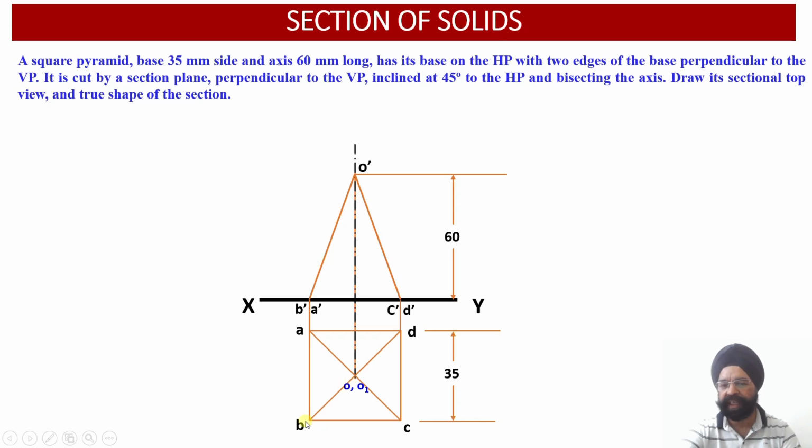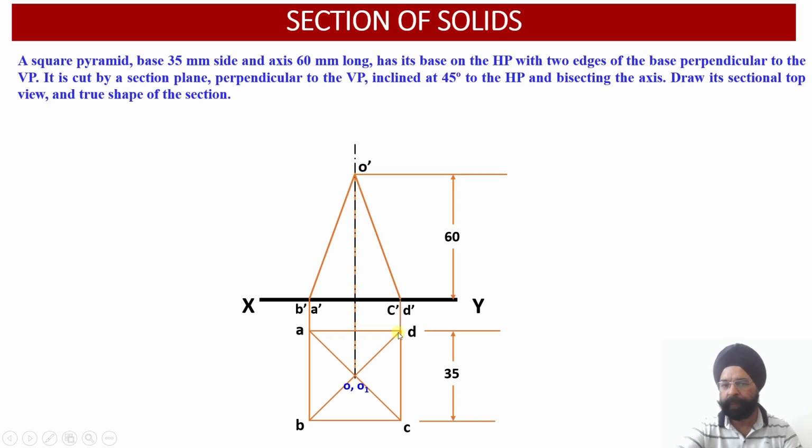So the OB projector in the front view, O dash B dash, will be a solid line, whereas O dash A dash would be dotted, but O dash B dash will overshadow or coincide with the hidden line projection of OA in the front view. So O dash A dash will be superseded by the projection of O dash B dash.